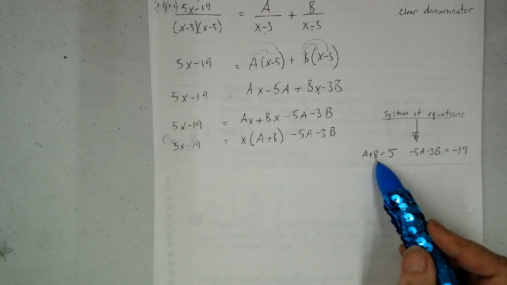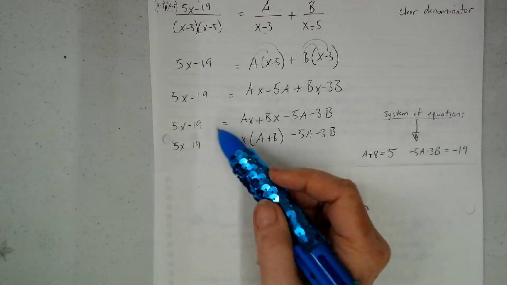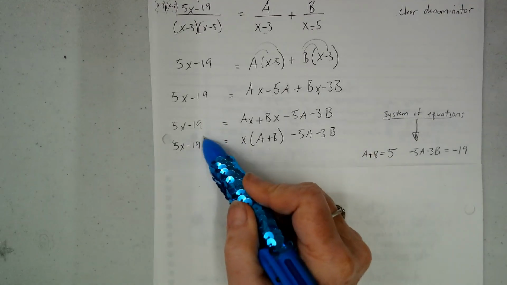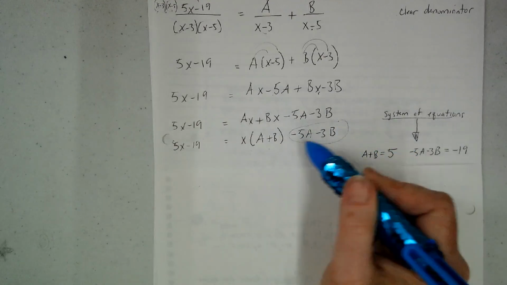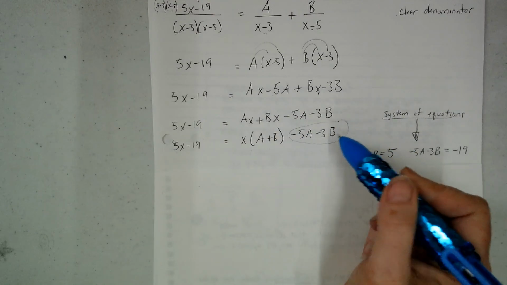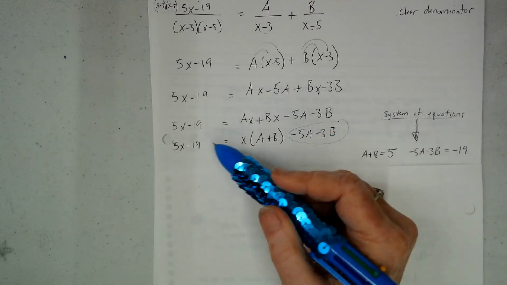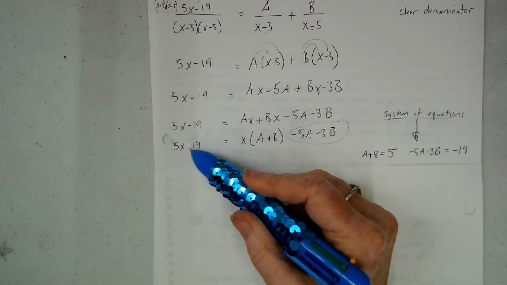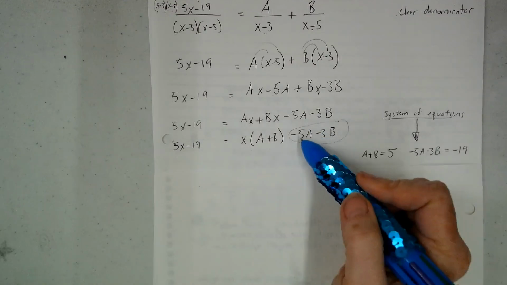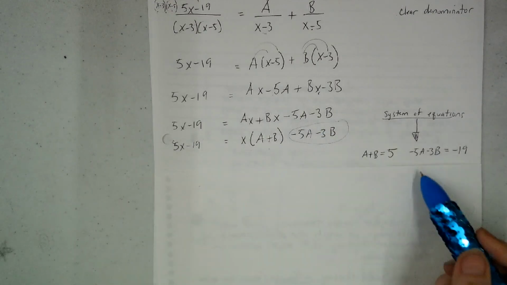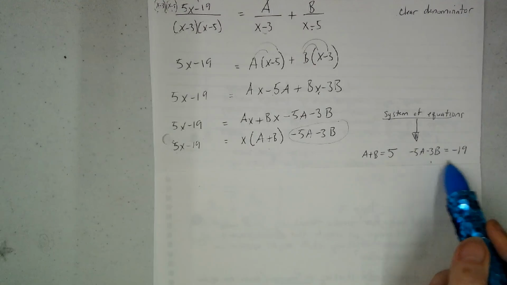So I write a plus b equals 5. And then the non-x things are constants, so we can lump them together. So I'm correlating the negative 19 with the negative 5a minus 3b, so that's what I wrote over here.